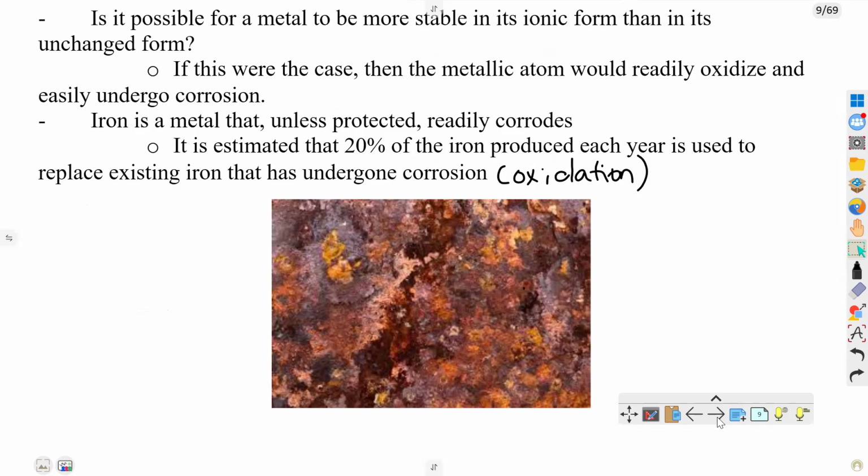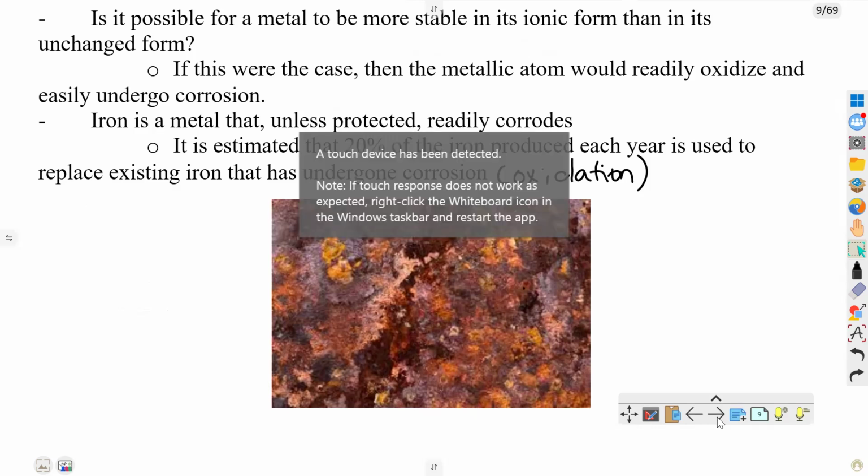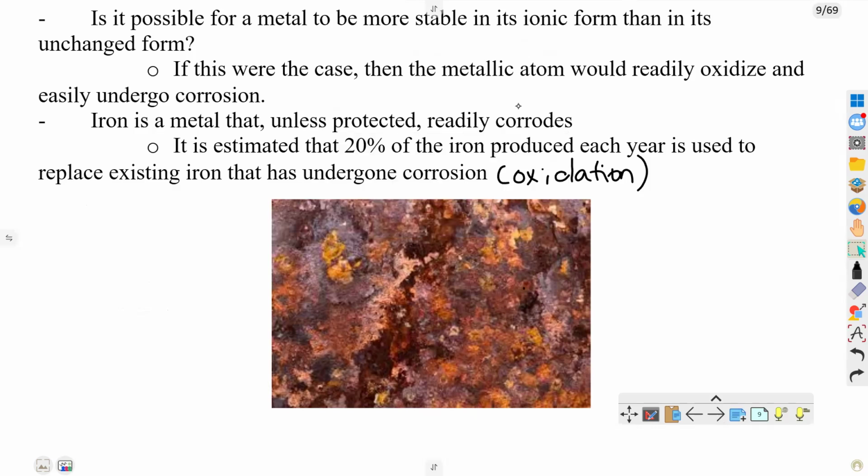Now, iron, if you don't protect it, will corrode very easily. And so that's where we would get things like rust, as you can see in this diagram here, where this is rusted iron. Now, iron is a very strong metal. It is a very useful metal, but we have to protect it to make sure that it doesn't rust on us and undergo this oxidative corrosion.